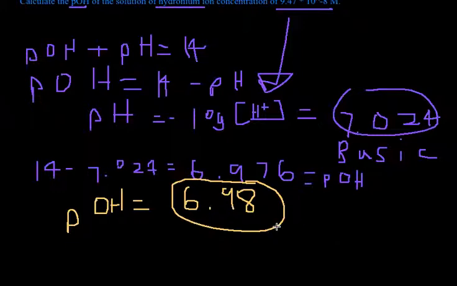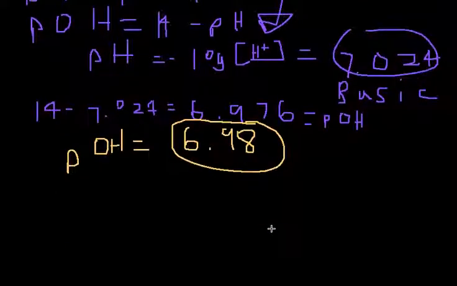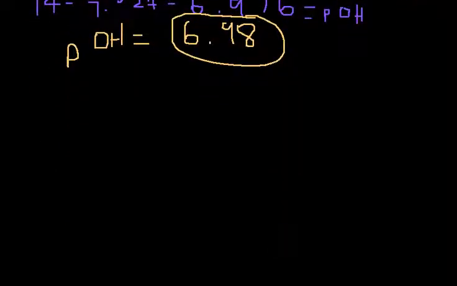Now, how you can think of this is that we all know that for a neutral compound, the molar amount of hydroxide ions and hydronium ions is going to be 1 times 10 raised to the negative 7.